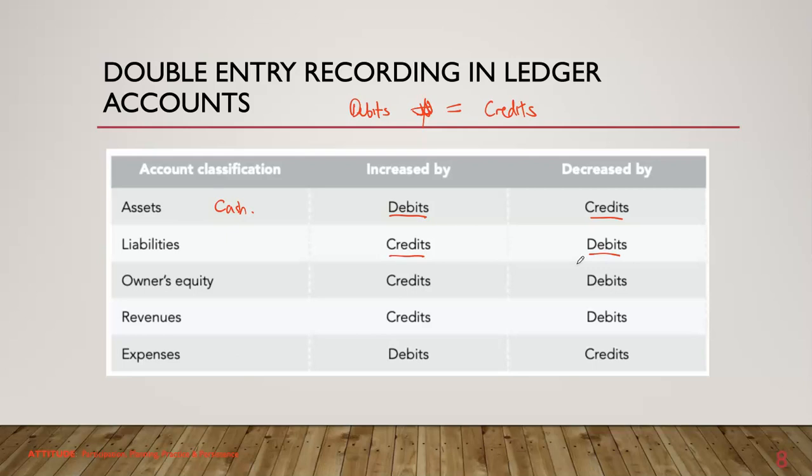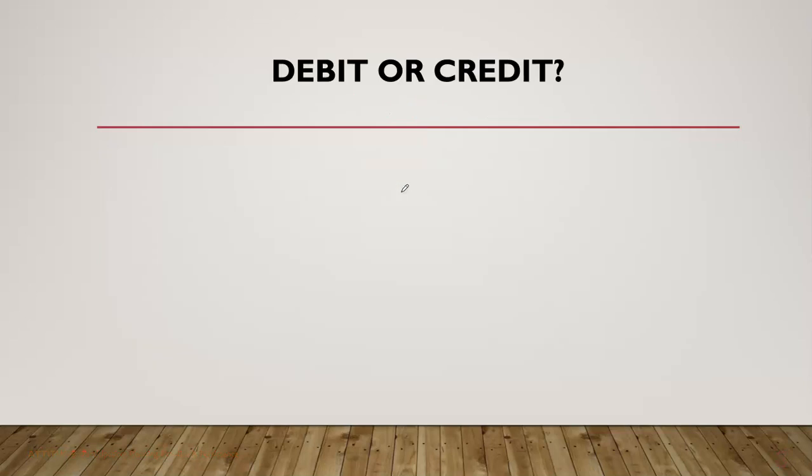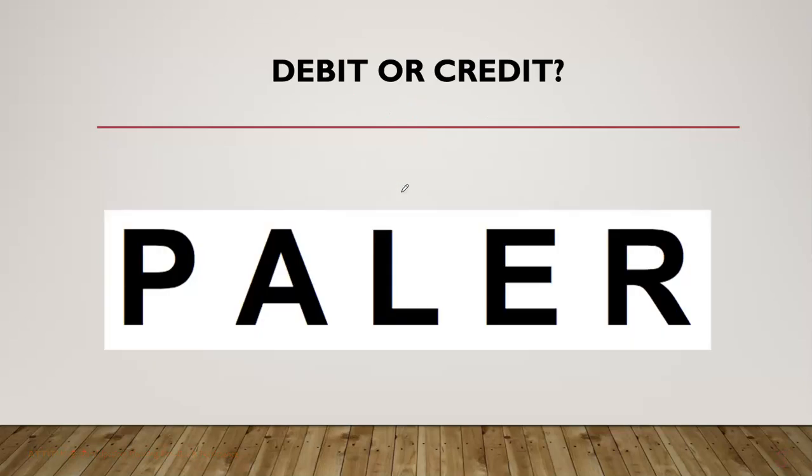There is a way to remember, which means that you only need to remember one of these, because this can be quite hard and the exam involves debits and credits throughout. I recommend that you just remember the example I've just used, that if an asset goes up, it is a debit. And if you can remember that one and the heading PAYLA, you have enough information to remember your debits and credits.